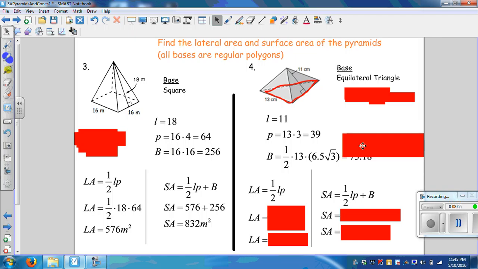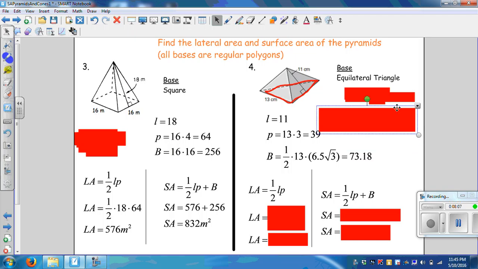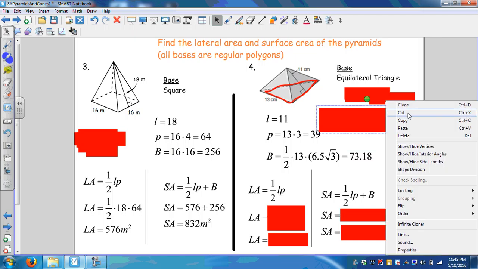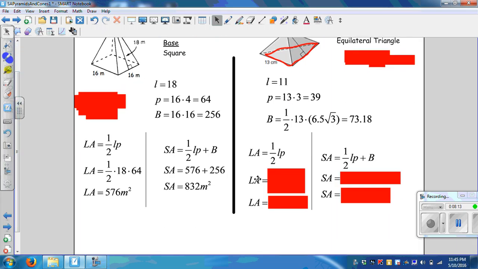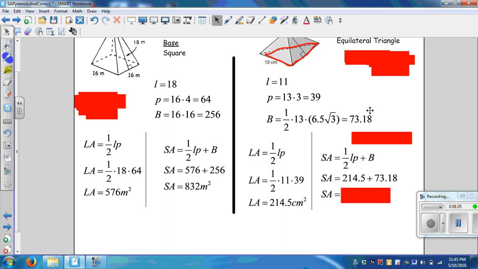And since this number gets a little complicated, we're going to go ahead and use a decimal for it, 73.18. So we have lateral area is 1/2 LP, which is 1/2 times 11 times 39, which is 214.5 centimeters squared. And then the lateral area plus the area of the base, which gives you 287.68 centimeters squared.